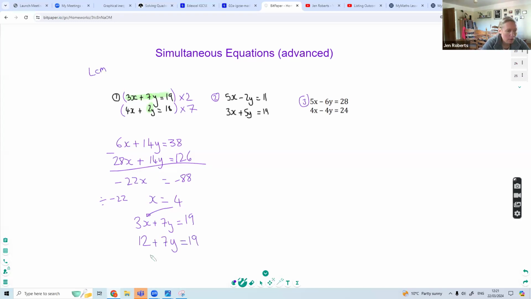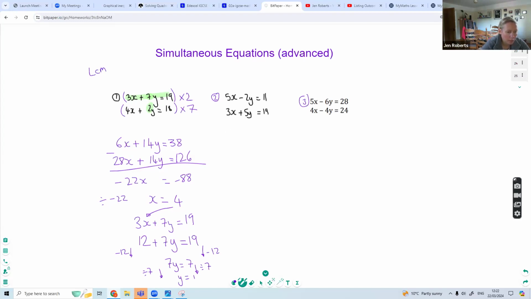So we need to solve this equation now. So we're going to take 12 off both sides to get 7y equals 7. And then we're going to divide both sides by 7 to get y is 1. Okay. So x is 4, y is 1.